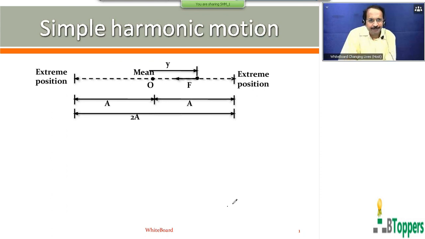So next I am going to summarize the discussion I have done so far about linear simple harmonic motion. For the biology students, BiPC students, the initial classes in simple harmonic motion may not look interesting because they are mathematical.